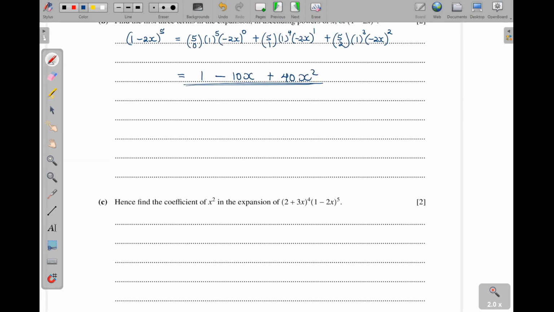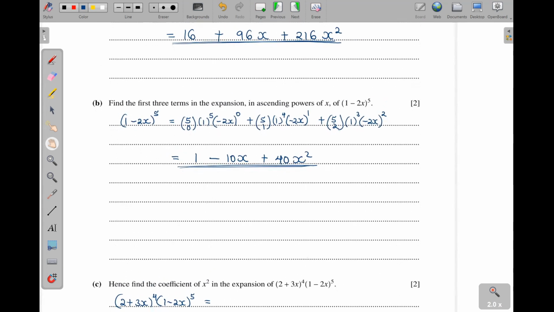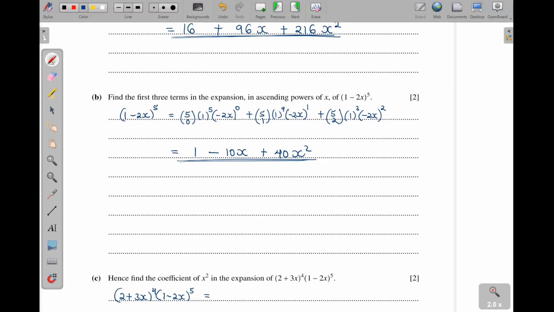And then part C: hence, find the coefficient of x squared in this expansion. So for (2 plus 3x) to the power of 4, times (1 minus 2x) to the power of 5, we just slot in our expansions here. We have 16, plus 96x, plus 216x squared.